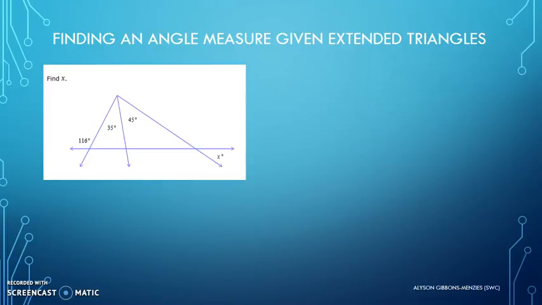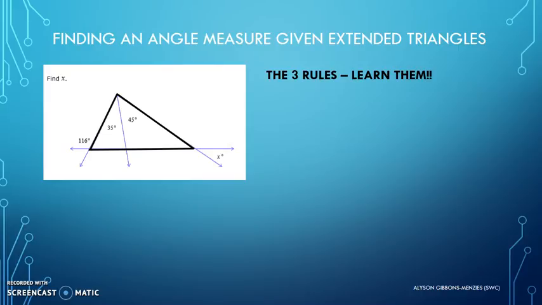Right, now we're going to move on to finding an angle measure when we're given extended triangles. And in this topic, there are 3 rules that we must learn. The idea is to complete the angles in the triangle. We need to find all the angles in the black triangle.